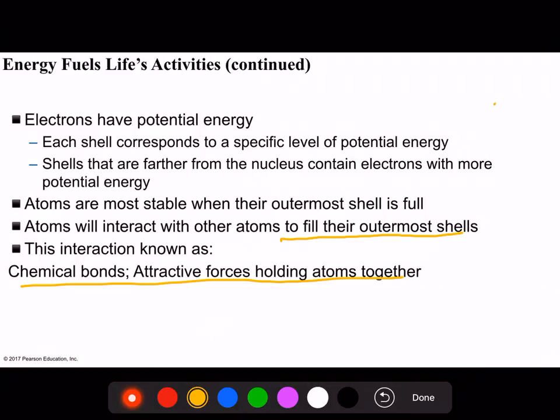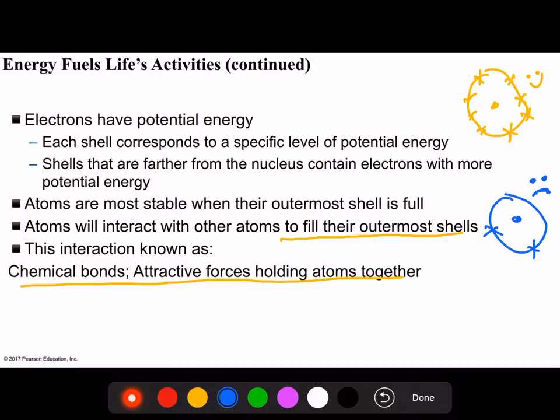Think of this atom when it has 8 electrons in its outermost shell, then it will be a happy atom. But if there is another atom whose outermost shell has, let's say, just 2, this will be a devastated, very sad atom.